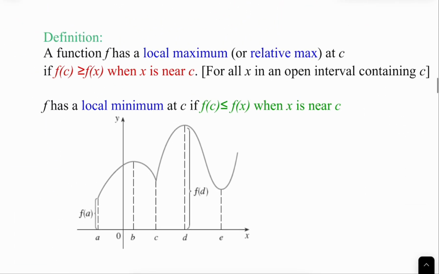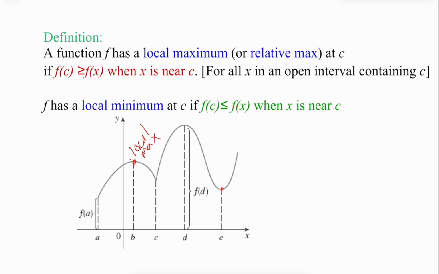So a local min or a local max are relative in a very small interval around this C value. We are at a high point or low point. So this is a local maximum.